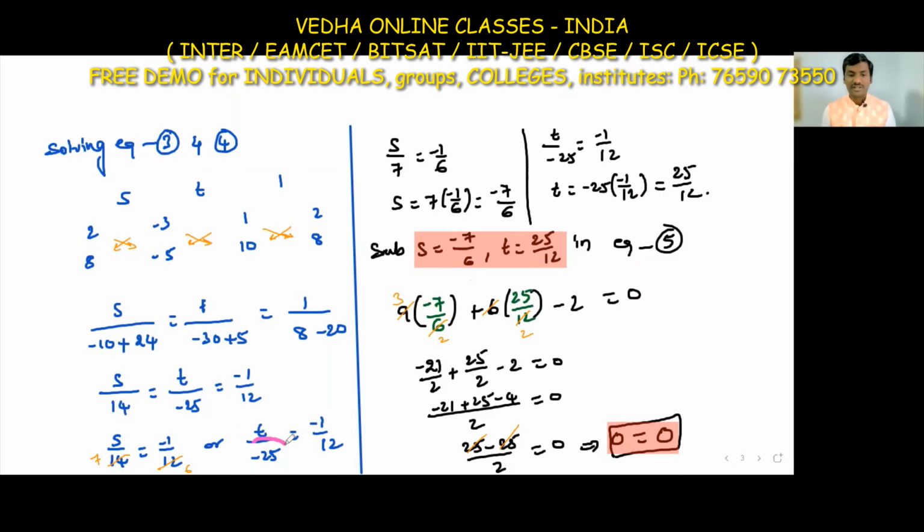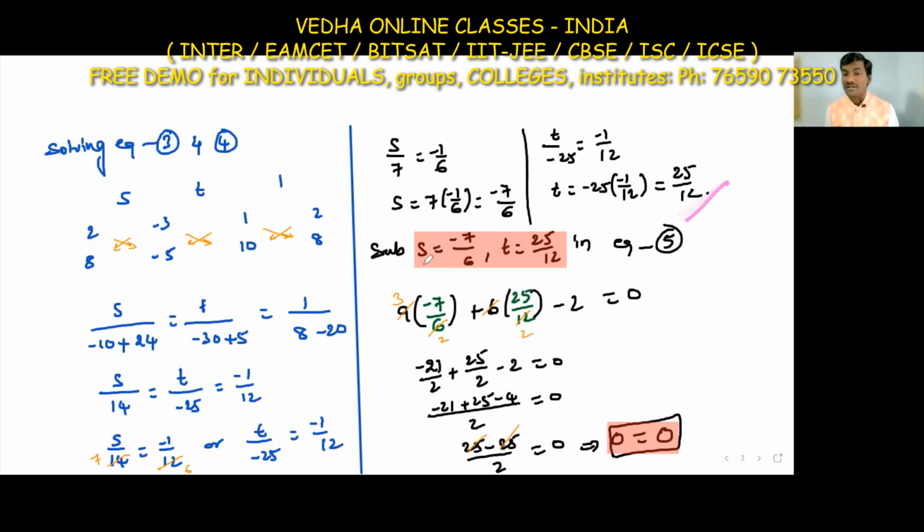Now the t value. Here t by minus 25 is equal to minus 1 by 12, and I take minus 25 to that side. Here it is dividing; if you take it to that side, it multiplies. So t is equal to minus 25 into minus 1 by 12. Minus into minus is plus, so t is 25 by 12.